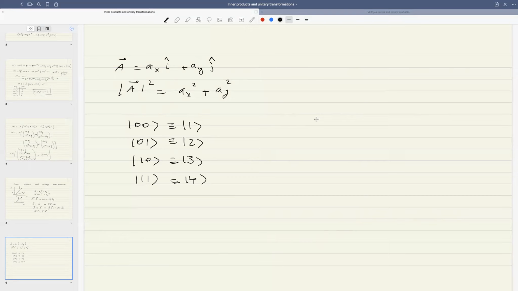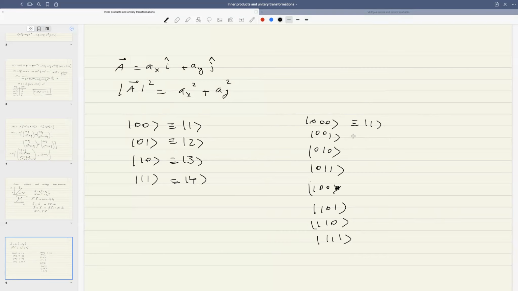If I have 3 qubits, I can write 000, 001, 010, 011, 100, 101, 110, 111. Can always give a name to these.